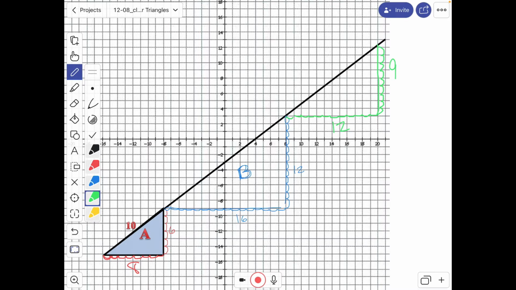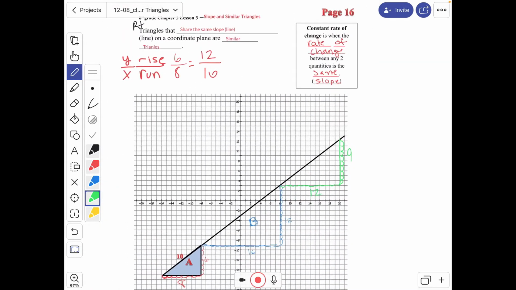So let's see, is 9 over 12 similar to that? Would it also simplify to 3/4? Yes. So all of them have the same rise and run. All of them have the same slope. They're 3/4. They would all simplify to 3/4.